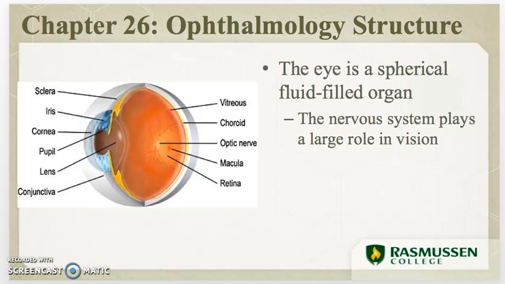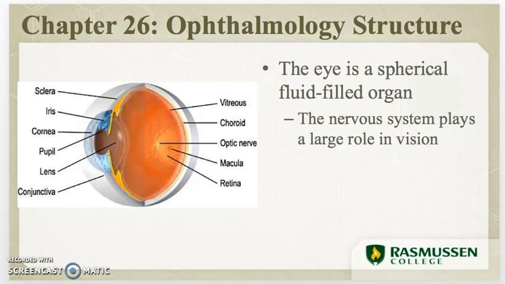Those structures are the cornea, pupil, lens, and retina. The nervous system plays a very large role with our sense of vision. The nerves of your eye control the amount of light that enters the eye through the pupil. It also helps to focus that light onto the retina by using the lens, and it helps to transmit results that we view and the images we view from the retina to the brain.